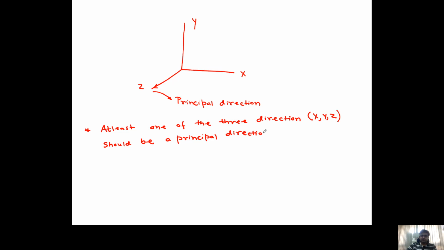And with this assumption, what was the state of stress looking like? We considered Z to be the principal direction, and with this assumption, our stress matrix looks something like this: sigma xx, tau xy, 0; tau xy, sigma yy, 0; 0, 0, and sigma zz, which is equal to sigma 3, the third principal stress.